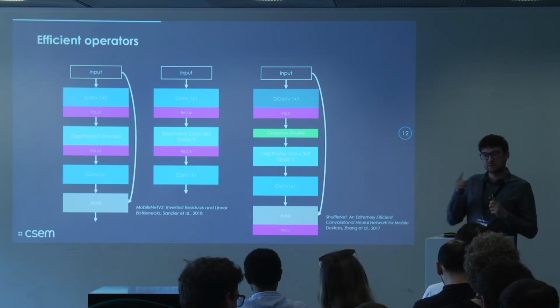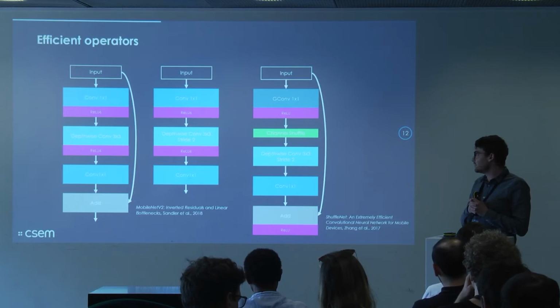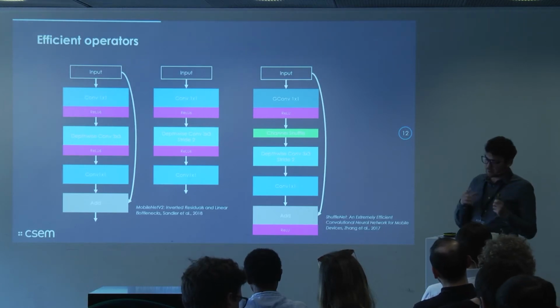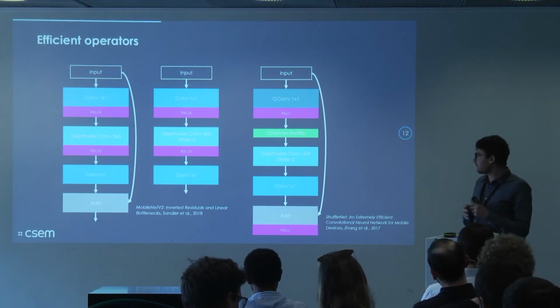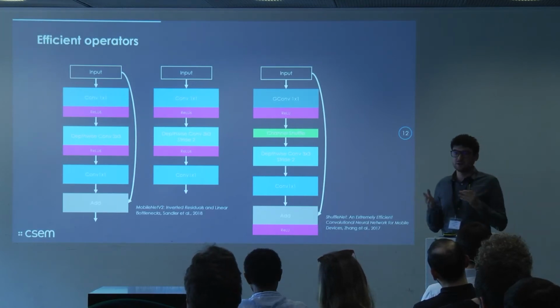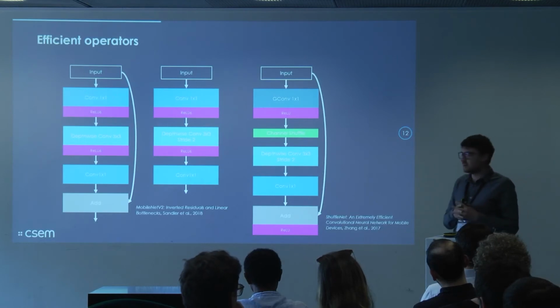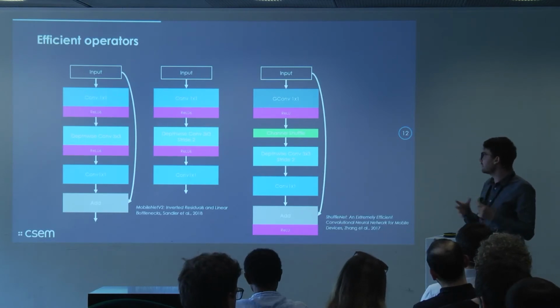So you save the space of the matrix. And by performing this depth-wise convolution and then the convolution with a one-by-one kernel, you can basically reobtain almost the representative power of a full convolution.